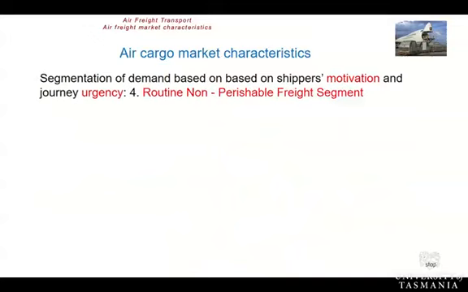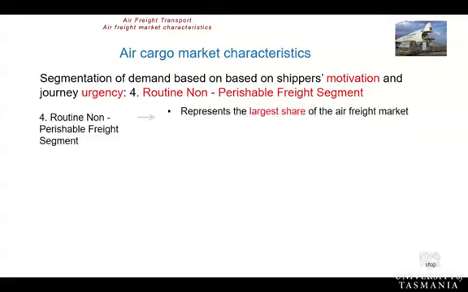Okay, so the fourth one is this idea of routine, non-perishable freight segment. And this is the largest share of the air freight market. And in many ways, if you think back to those categories that we looked at up front, where manufactured goods and machines were about 66%, this is probably where this particular market segment is sitting.